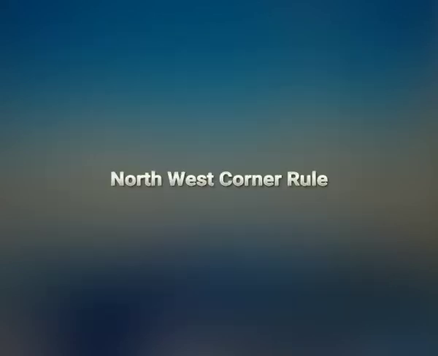Now, let us discuss the northwest corner rule in detail. The northwest corner rule calculates the initial feasible solution of the transportation problem. The name northwest corner is assigned to this method as the basic variables are selected from the extreme left corner.